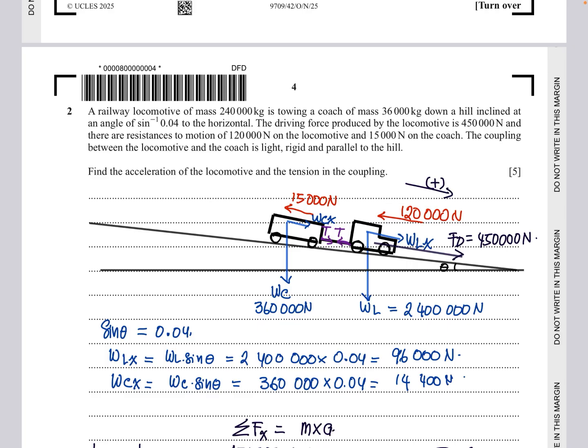The driving force produced by the locomotive is 450,000 Newtons, and there are resistances to the motion of 120,000 Newtons on the locomotive and 15,000 Newtons on the coach. The coupling between the locomotive and the coach is light, rigid, and parallel to the hill. Find the acceleration of the locomotive and the tension in the coupling.